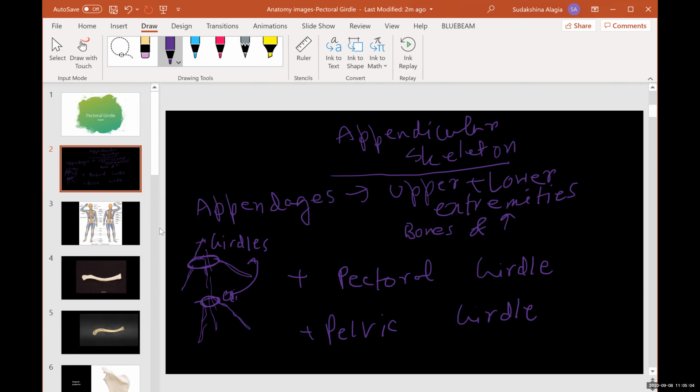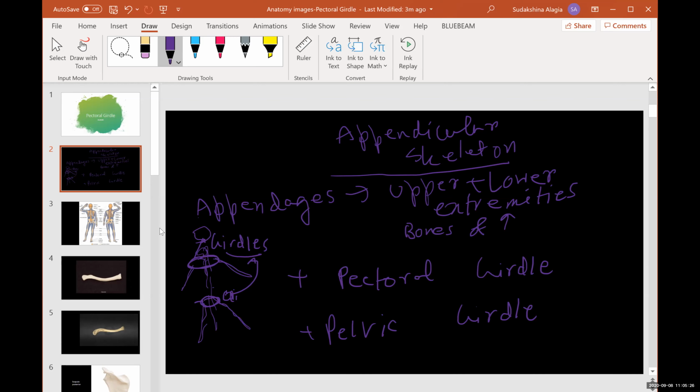So if you have this distribution, you won't be confused. We have the skeleton along the axis, the cranium, the vertebral column, the rib cage, and so on. And then we have the appendages, and the bony structures, the girdles, that attach the appendages and tie them to the axial skeleton.